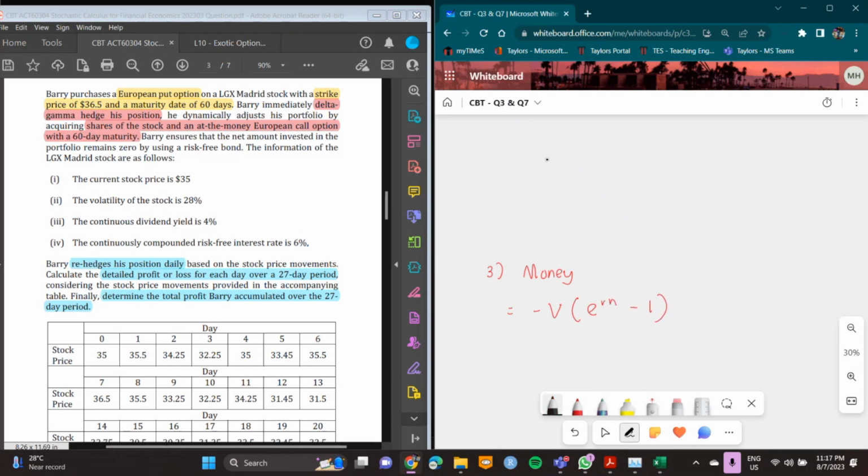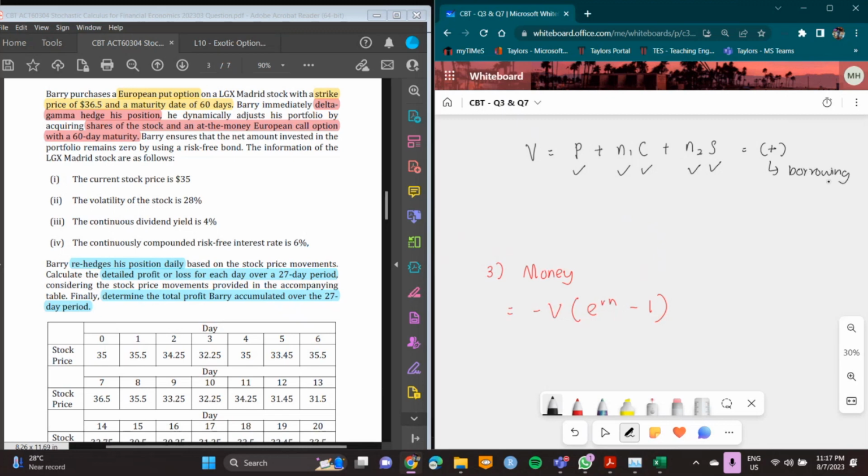Again, when we write our V, it equals put plus N1 call plus N2 stock. When we find the put price, the N1, the call, the N2, and also the stock price, we find the value of V. If we get a positive value, it means that we are borrowing.